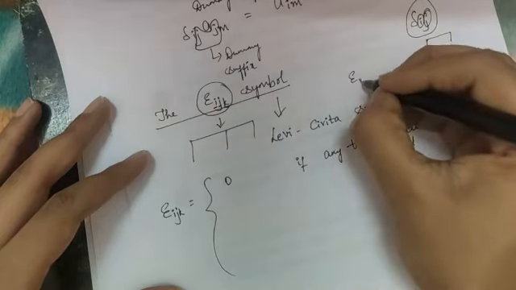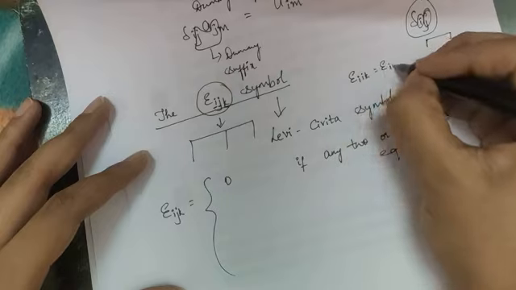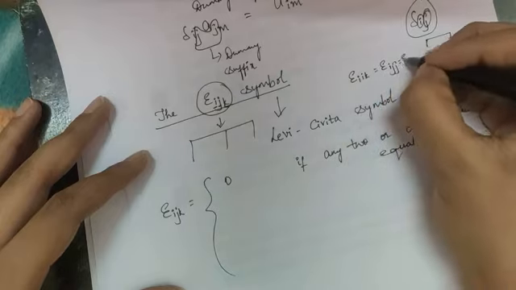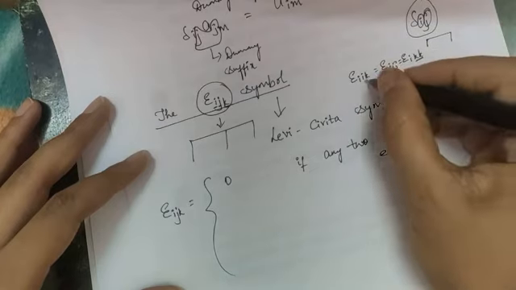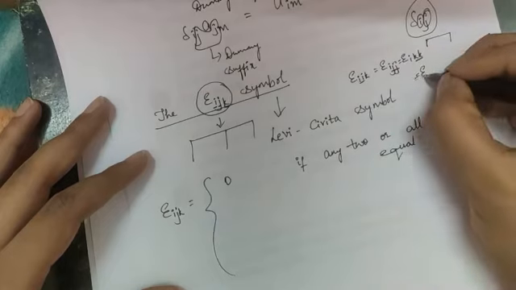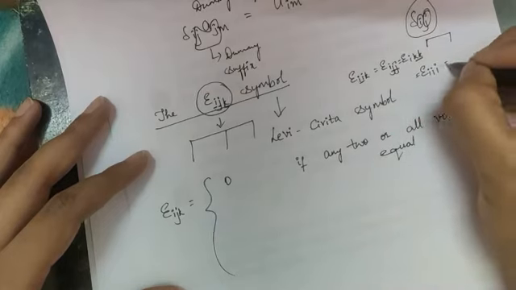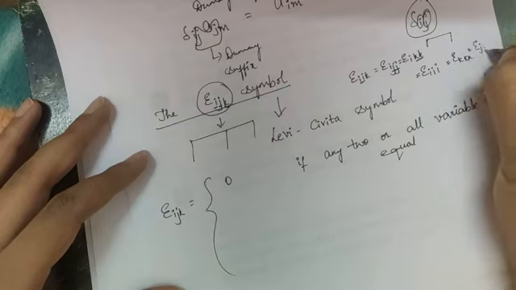That means for epsilon iik or epsilon ijj or epsilon ikk, like this, you can observe here two variables are repeated, or it may be epsilon iii, epsilon kkk, epsilon jjj.